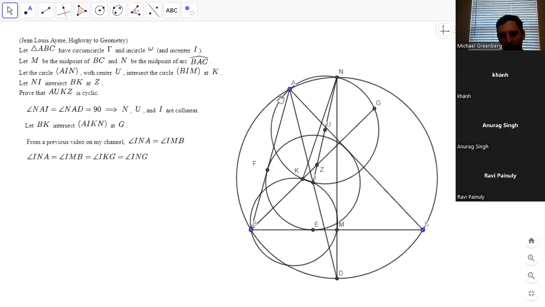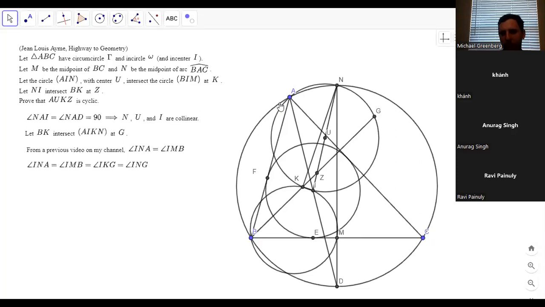Oh, I know AN is equal to NG, I just proved it. Does that help solve the problem? Yeah, it's proven.